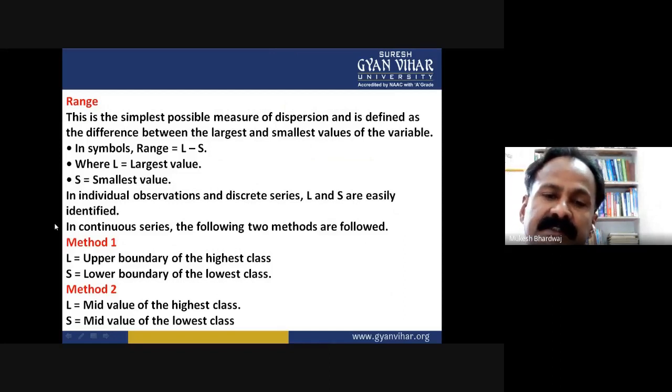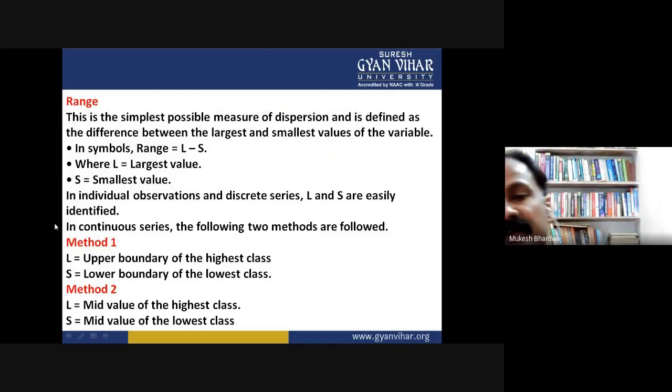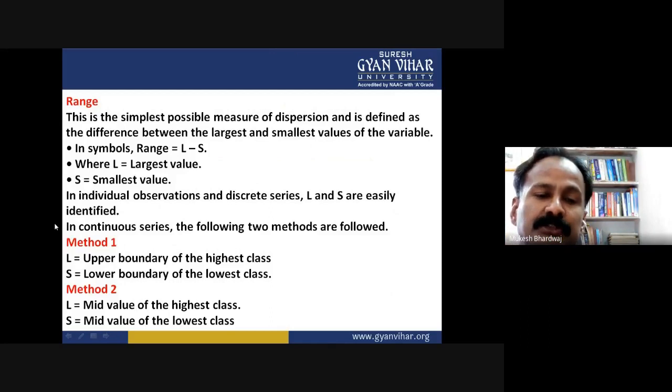As we had discussed, the data or the observations are given in three basic types of categories. First is the raw data or ungrouped data. Second is the frequency distributed data. And third is the class range frequency distributed data. In raw data, the range calculation is so easy. By the observation, you just subtract the smallest value from the largest value and you get the range.